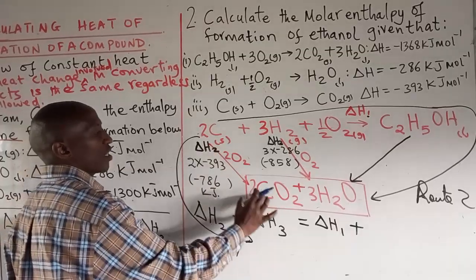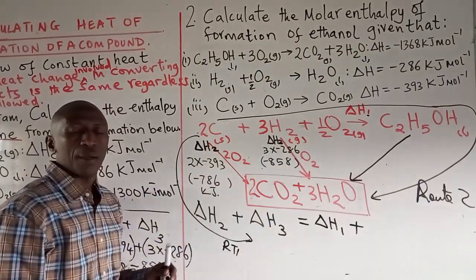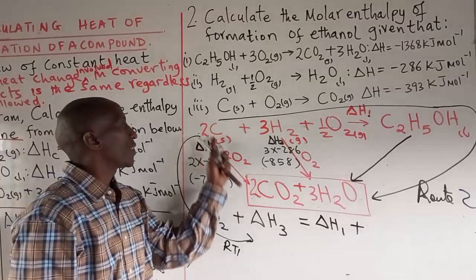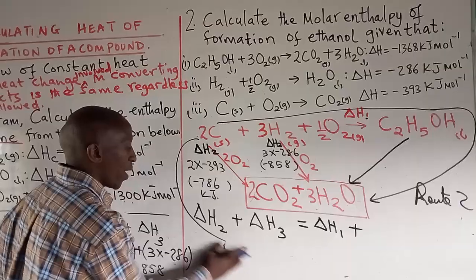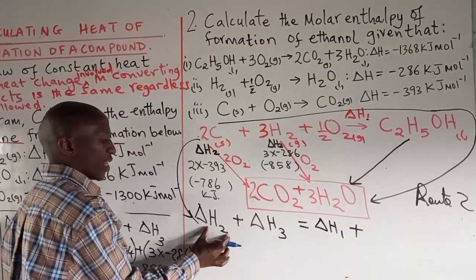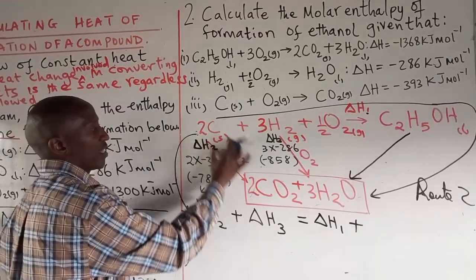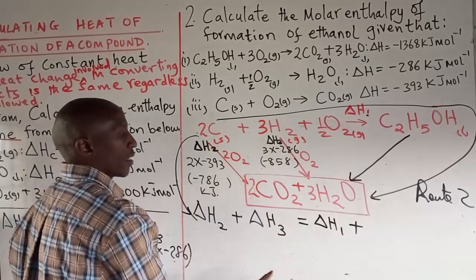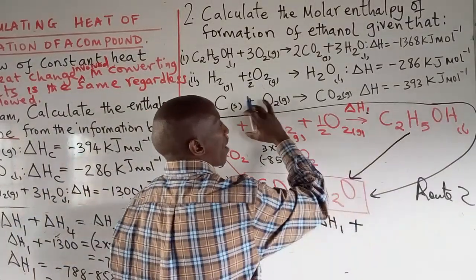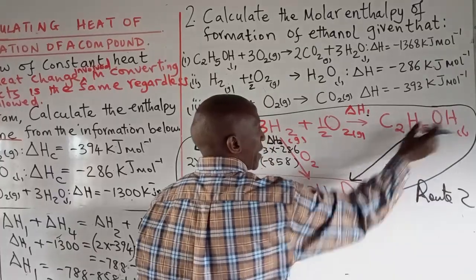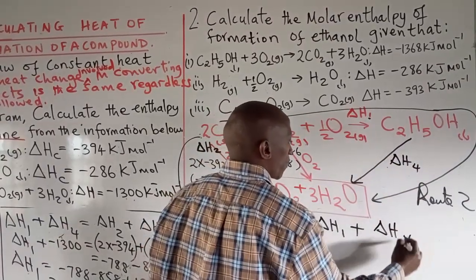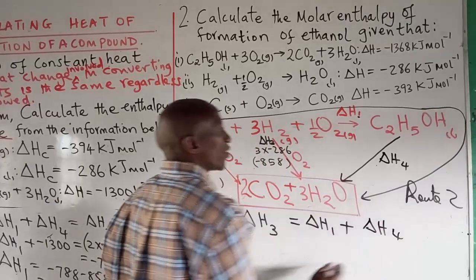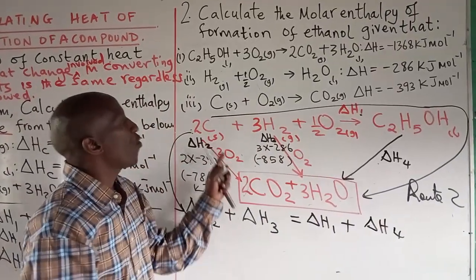Route 1 has these 2 reagents undergoing reaction. So in route 1 we have delta H2 and H3, this one and this one. In route 2 we shall have delta H1 plus delta H4. Now, delta H4 is already known.